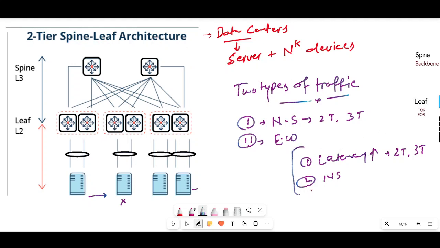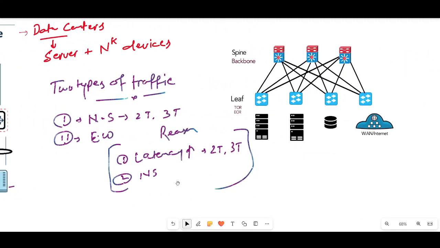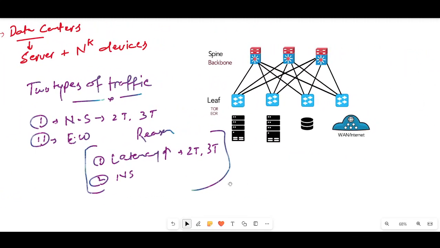Clear? So we want to minimize this architecture. The problem was north-south traffic, which we have seen in two-tier and three-tier architecture.